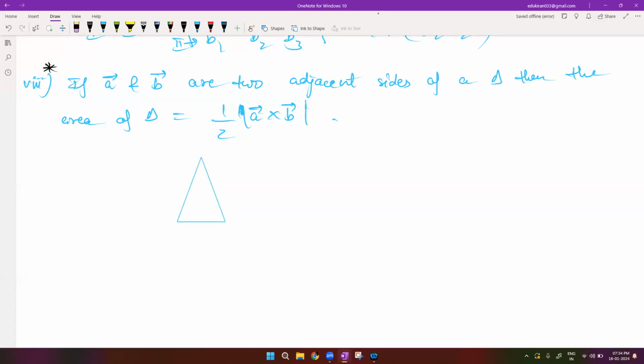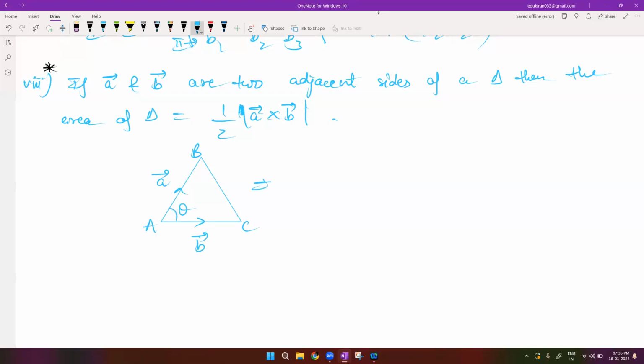Let's say this is a triangle, and this is A, this is B, this is C. This is your side A, this is your side B, right? And let's say this is vector A and this is vector B, and this is angle theta between them.